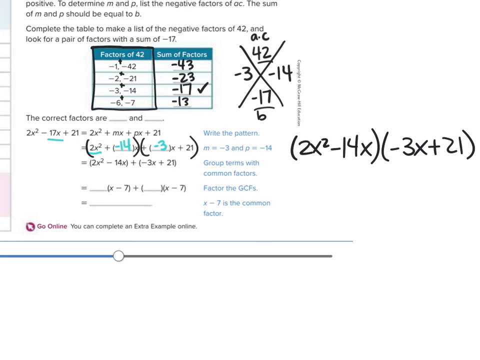Okay, so the first one, greatest common factor would be 2. So I divide, 2x, sorry, they share an x as well. So I put 2x outside the parentheses, then divide, 2's cancel, x cancels there, leaving me with x. X cancels here, and then -14 divided by 2 is -7.